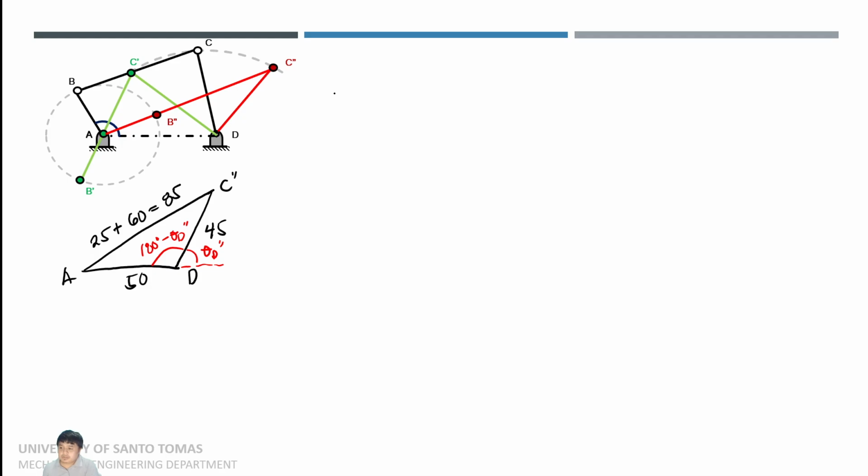Again, we can use the cosine law. You have 85 squared equals 45 squared plus 50 squared minus 2 times 45 and 50 times cosine of 180 degrees minus theta D double prime. We can solve that again; I've already solved this one.